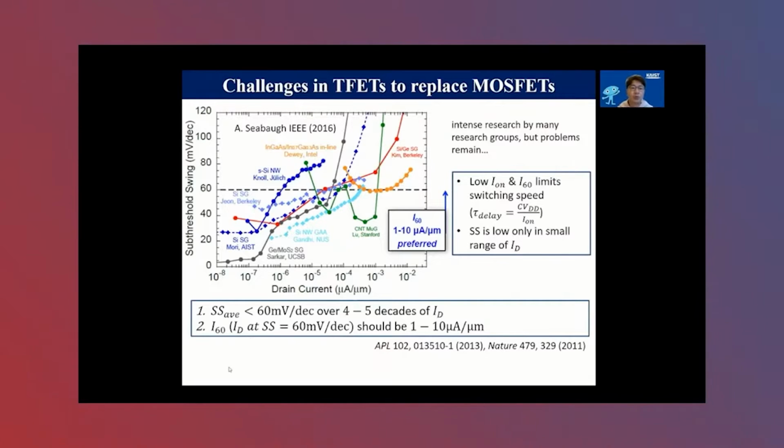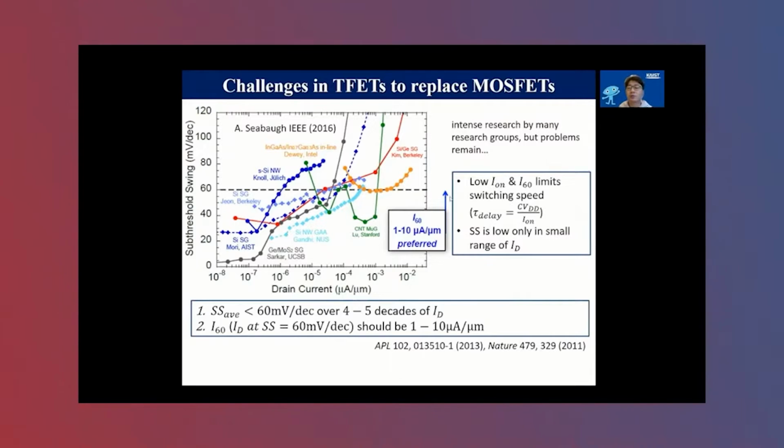And also, the biggest problem of this tunneling FET is that its on current is very low. The on current at the point where the subthreshold swing becomes 60 millivolts per decade is called I60. I60 should be comparable to the MOSFET on current at the threshold voltage, which is about 1 to 10 microampere per micrometer. If the on current is small, that means the tunneling delay is long.